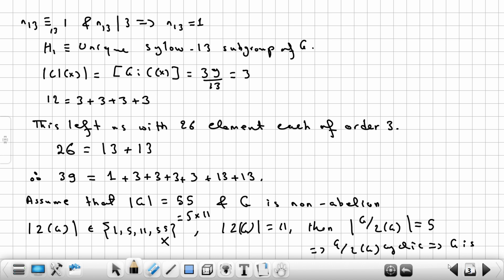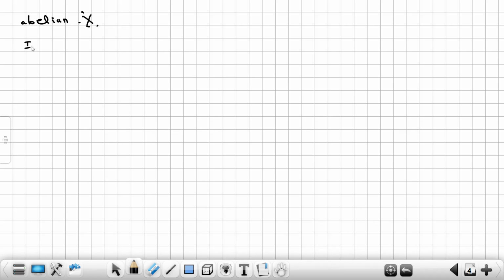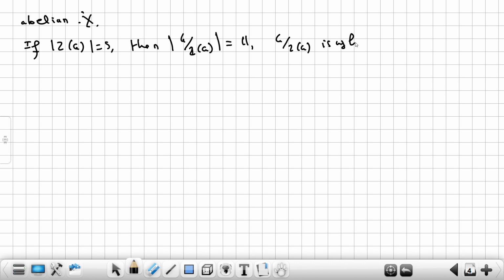If the order of Z(G) is equal to 5, then the order of the factor group G over Z(G) is equal to 11, and G over Z(G) is cyclic, which implies that G is abelian, a contradiction.